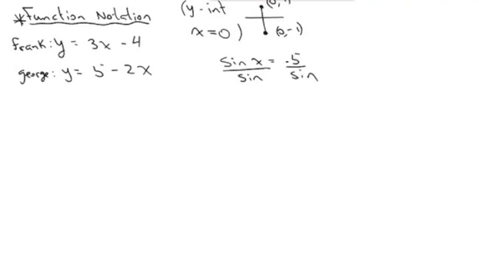Which makes absolutely no sense because sine is just like Frank and George. It's just a name. That's all it is. So Frank gets turned into this. And all this notation says is, it is the function f in relation to the variable x. When you put these two together, it becomes y.